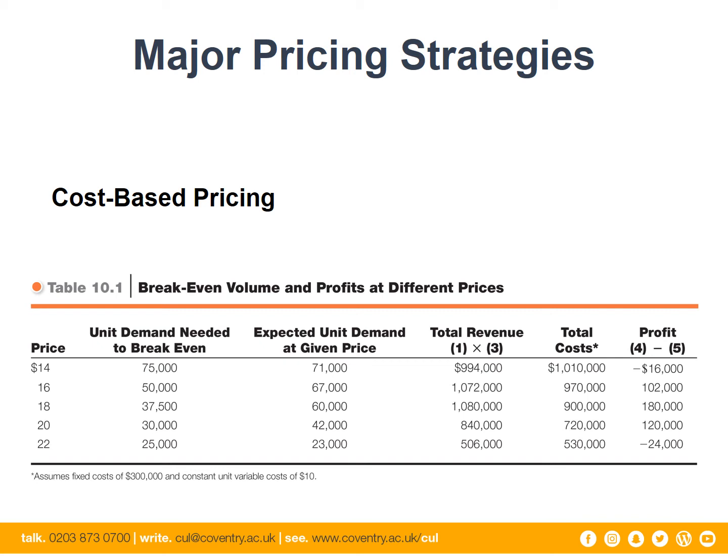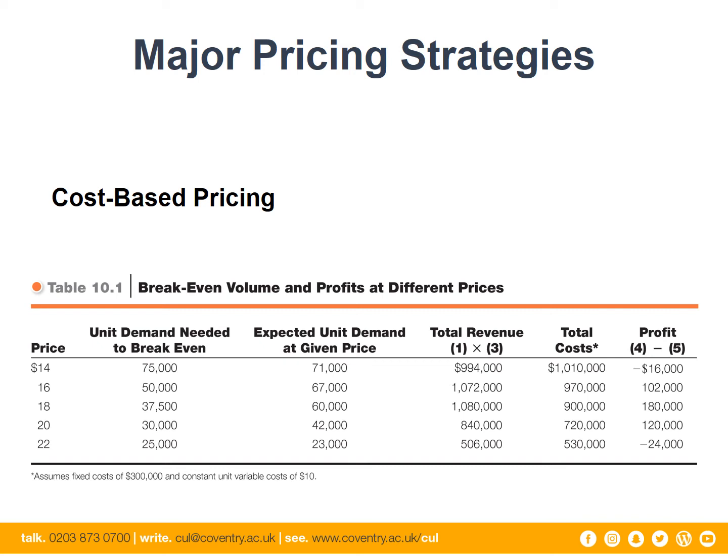So we can see that we expect 71,000 units to be sold at $14, but 67,000 units at $16, and 60,000 units at $18, and 42,000 units at $20, and 23,000 units at $22. But as well as the expected demand, we need to take into consideration the fixed and variable costs, as we mentioned in the previous slide.